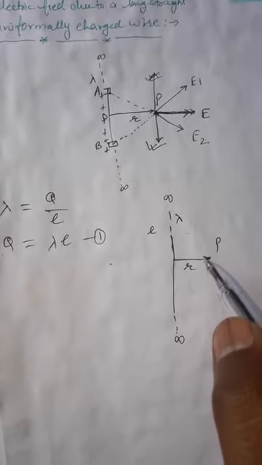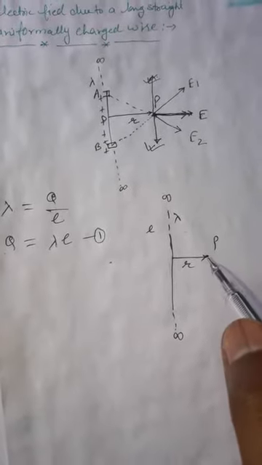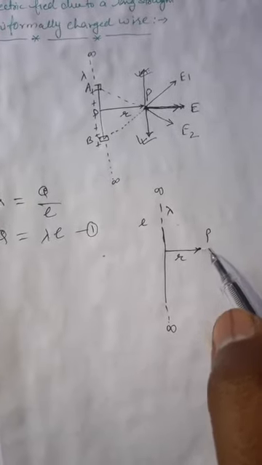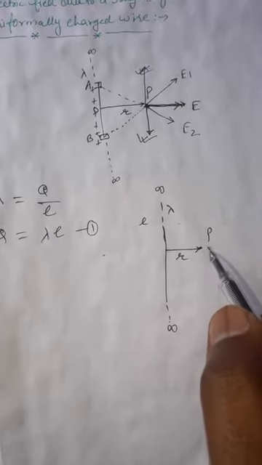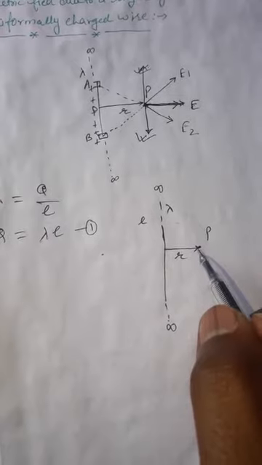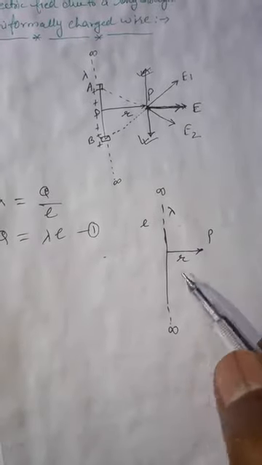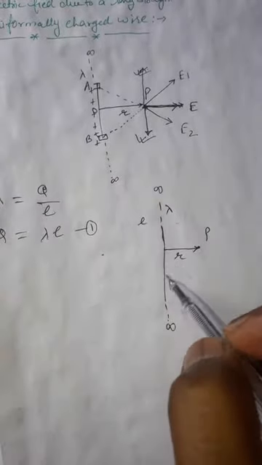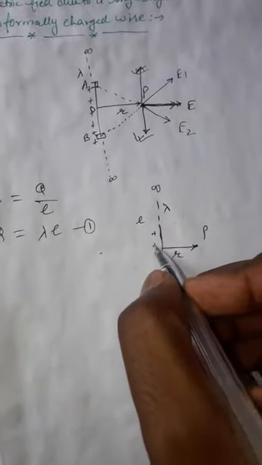The Gaussian surface must be chosen so that it contains point P, and at each and every point of it the electric field must be constant.